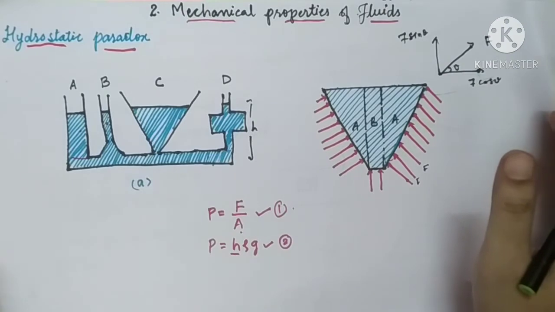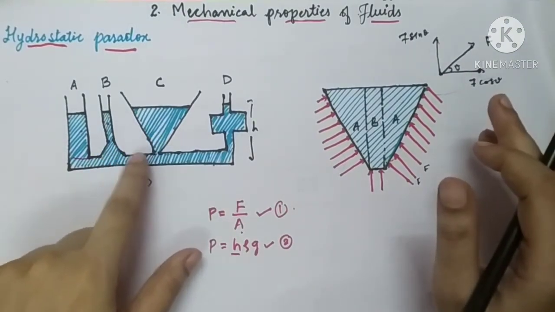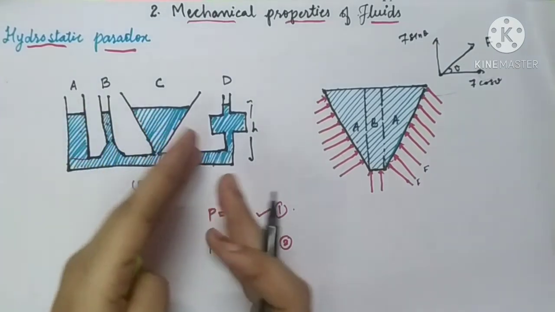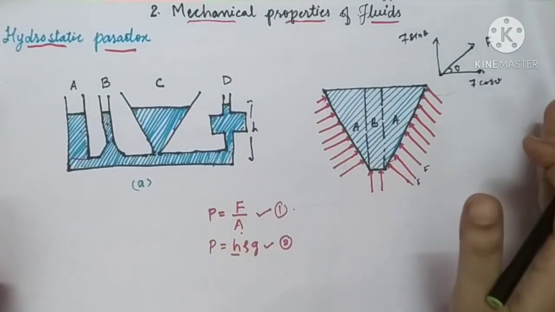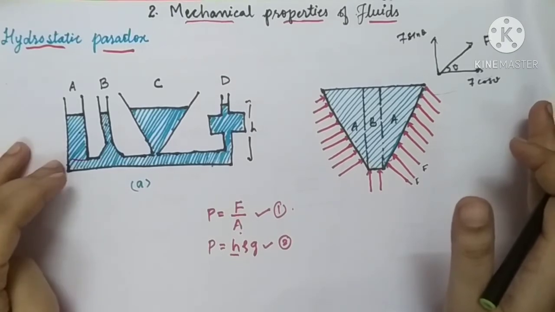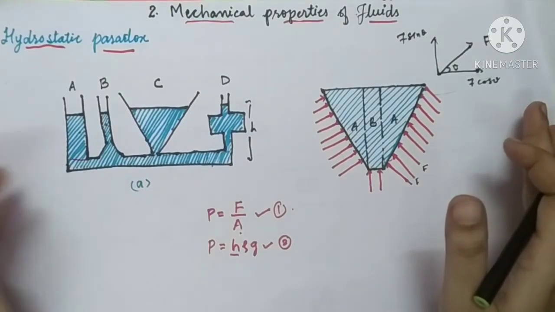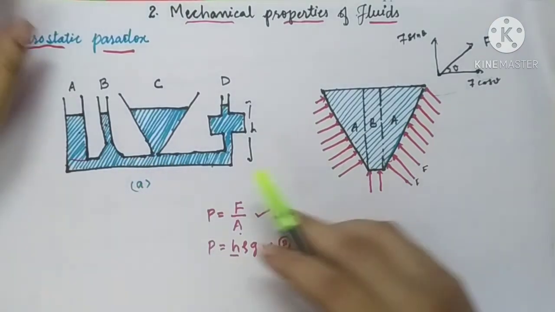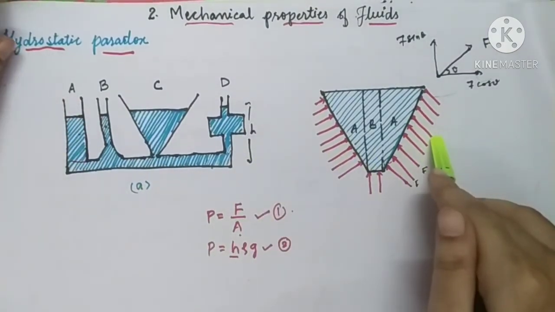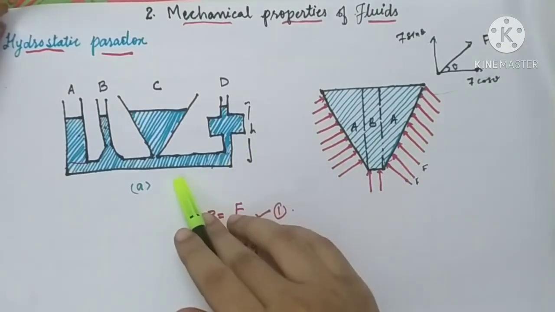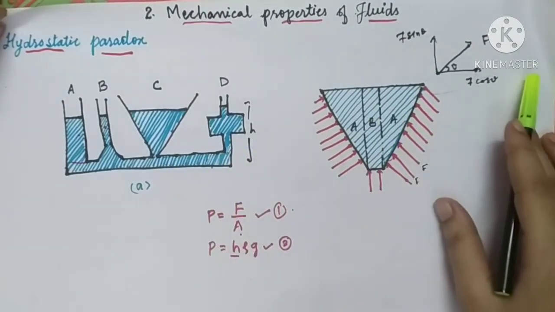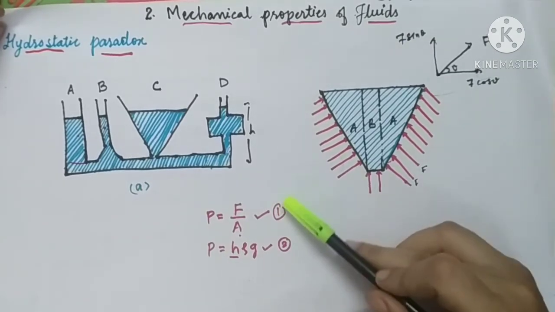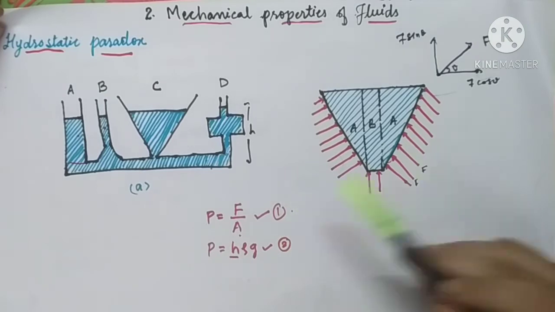To achieve a different height in a different container, you have to apply pressure differences. But here in each part of the container, the pressure will be the same because the liquid is in equilibrium. This is called the hydrostatic paradox. After this example, we will come to know that there is no longer a paradox. Once you apply the pressure difference on the container, you will see the liquid is exactly working on these equations.